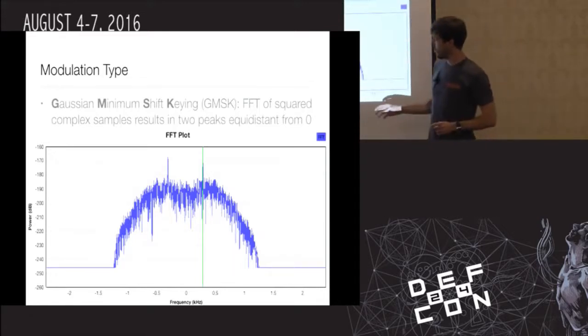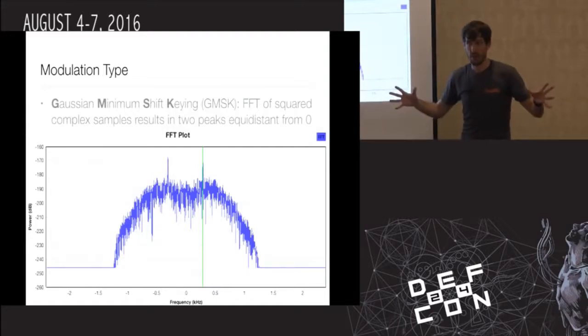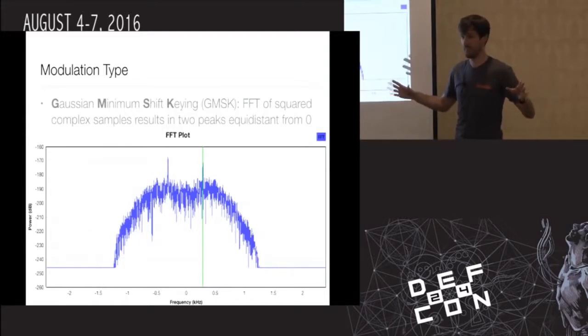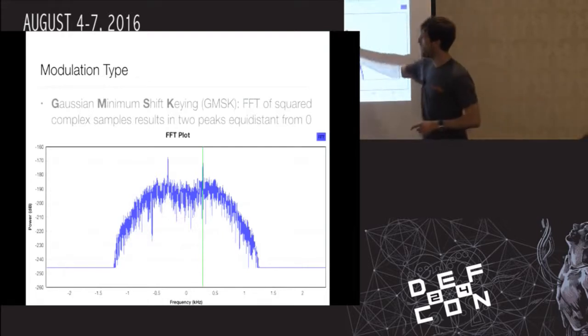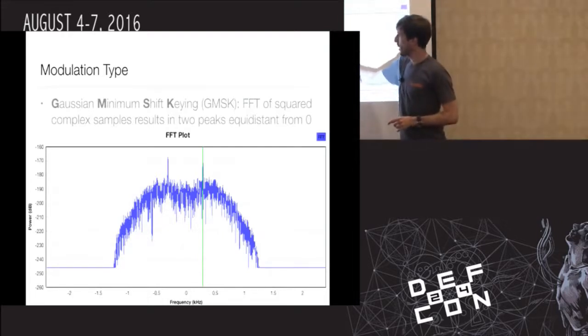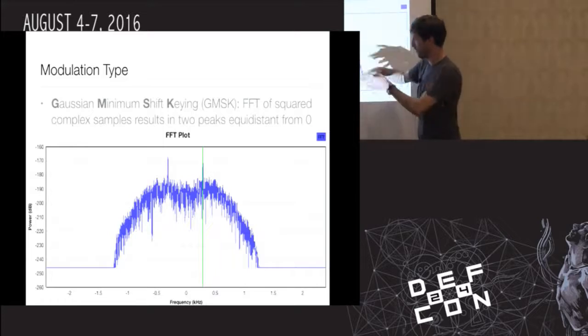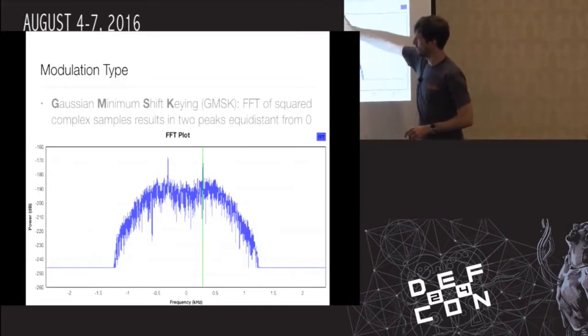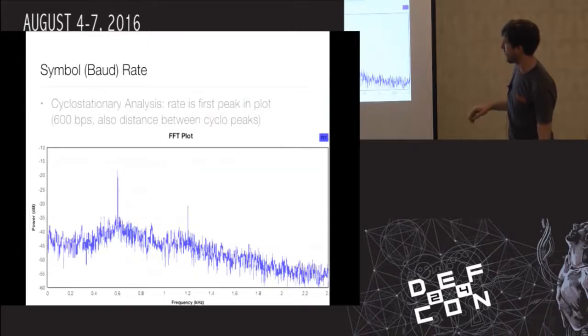So immediately from this you might guess how fast the symbols are coming down, from the separation between these two. Okay, I'll come back to it. But the point is, as this moves around, you want to be tuned to exactly the midpoint here. This green line is showing where the tracker is locked onto that line. That was the first primitive stab. It had a problem, and I'll show you why.